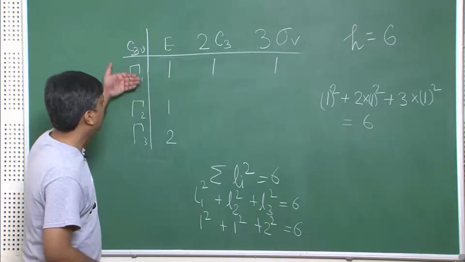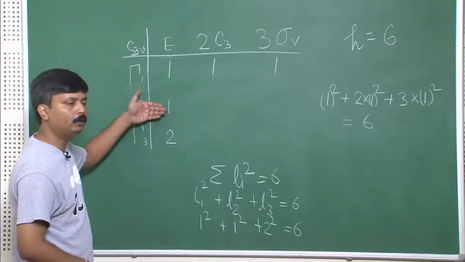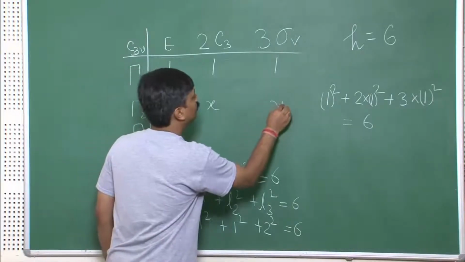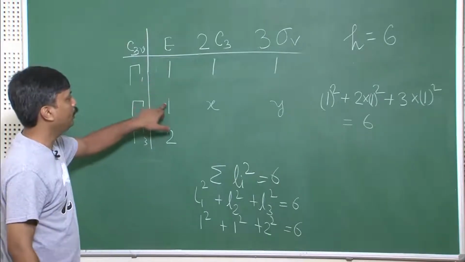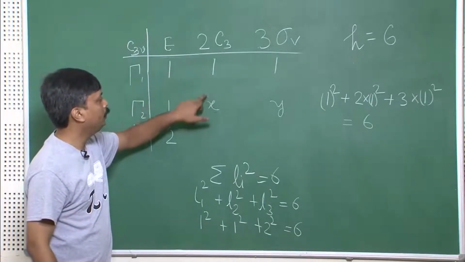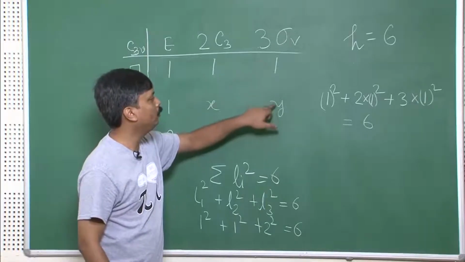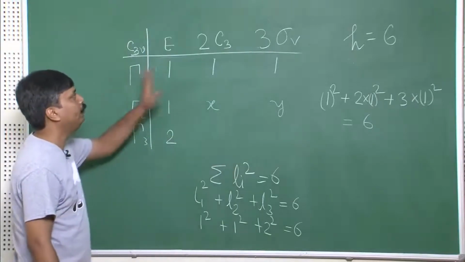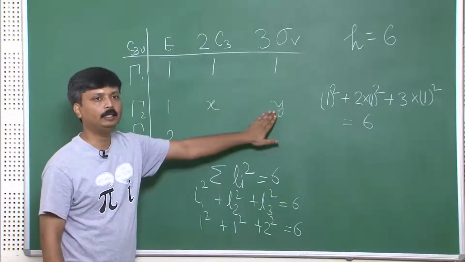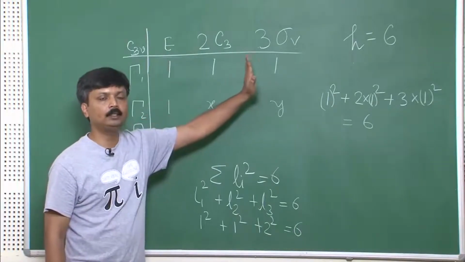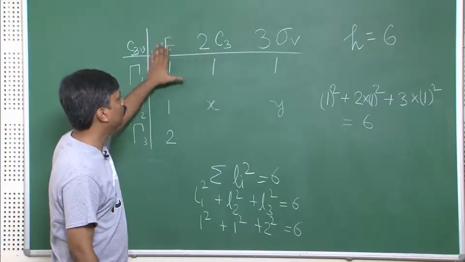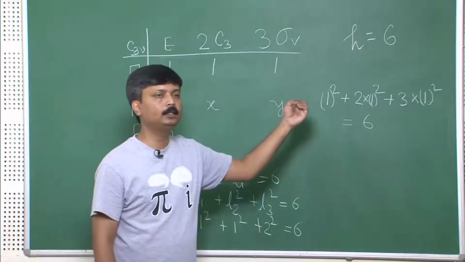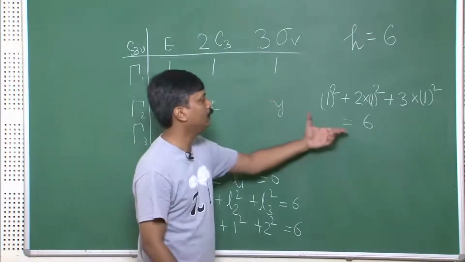So gamma 1 and gamma 2 should be orthogonal, meaning if say this character is x and this character is y, then 1 into 1, 2 into 1 into x plus 3 into 1 into y should be equal to 0. So therefore I can very easily find what the values of x and y are, because there are a total of 6 elements in this group, correct. So the total sum of the squares of these characters here is also 6.